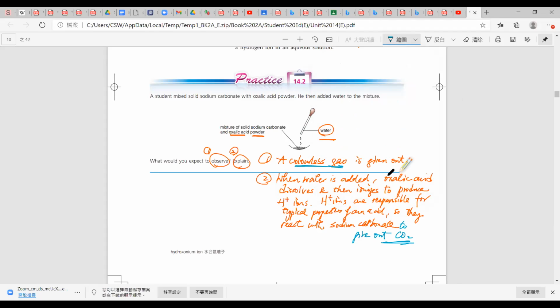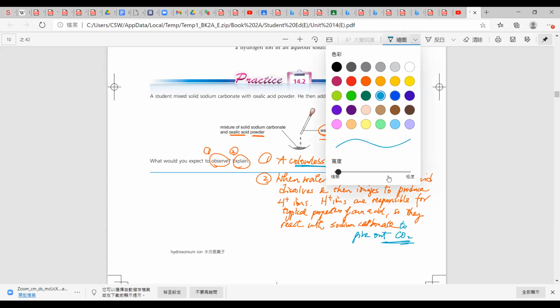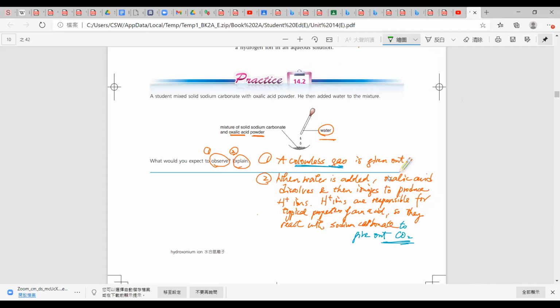So remember, for that type of explanation, you need to address this. Something very important is the term dissolve in water, and they are ionized to produce hydrogen ions, and because of that, they will exhibit the acidic property. This time, it reacts with sodium carbonate to release carbon dioxide. This is a sign of having the reaction. Can you get a point? What will happen in the case without water?